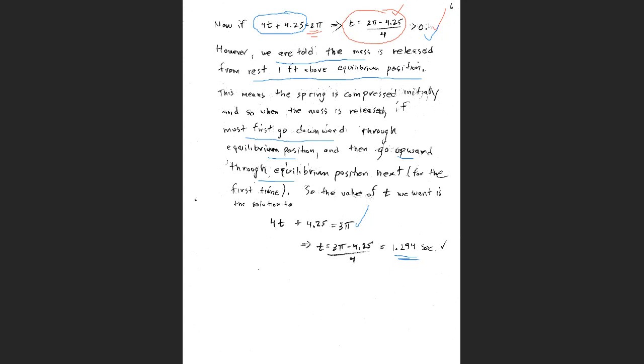You usually have to adjust your window, because the oscillation gets smaller and smaller and smaller. But this one should be okay. And this is why we need to get the position function in that special form, so that we can answer important questions like this.